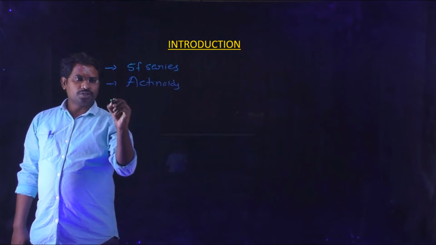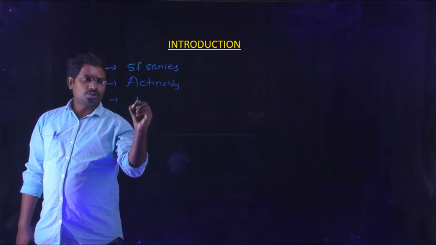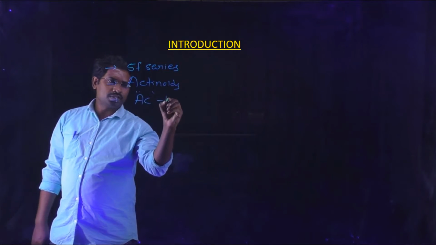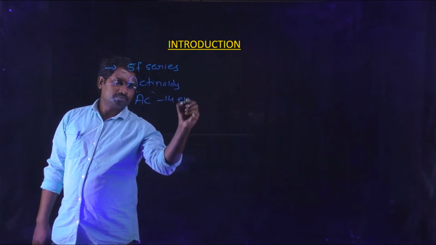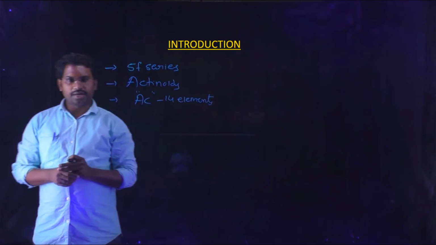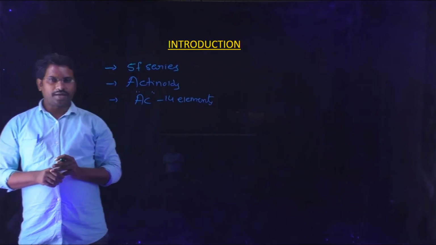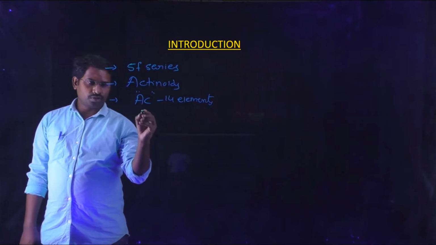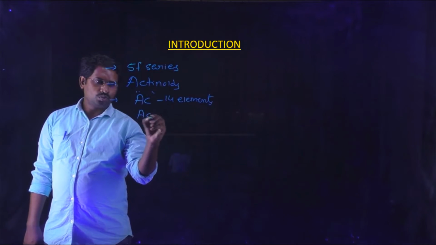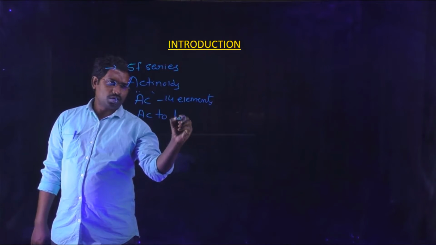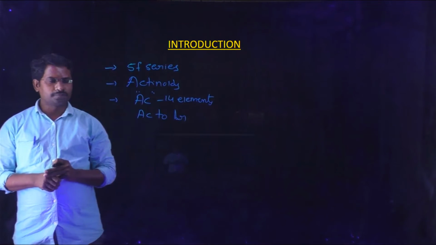The 14 elements present next to actinium are called actinoids. These are the 14 elements from actinium to lawrencium, denoted by the symbol Lr.